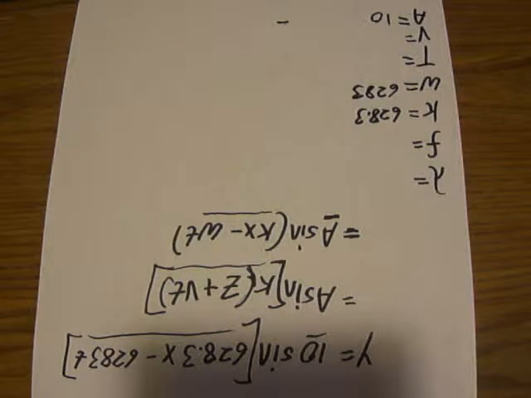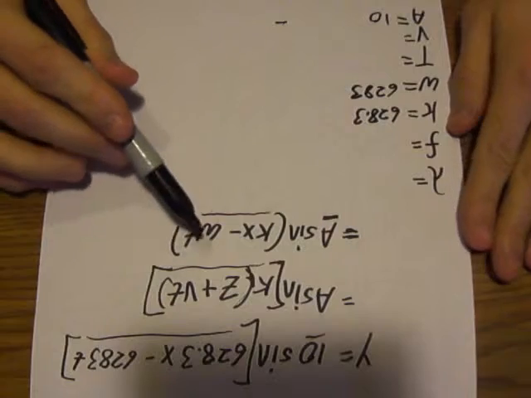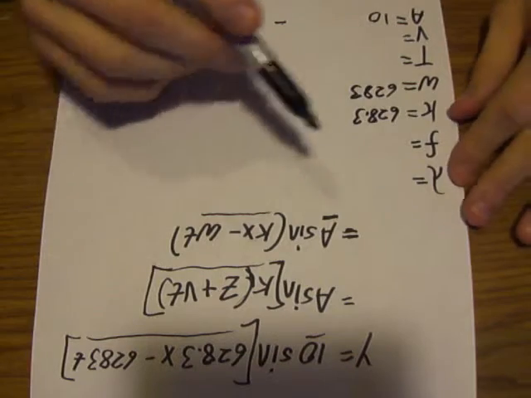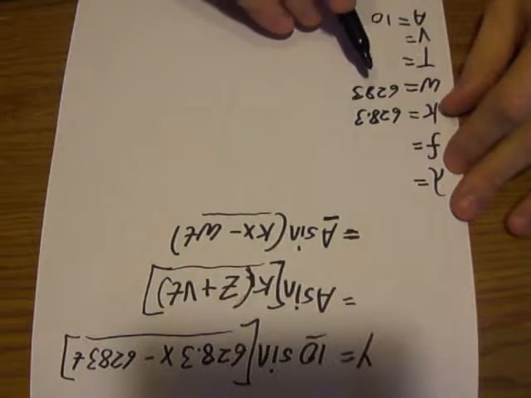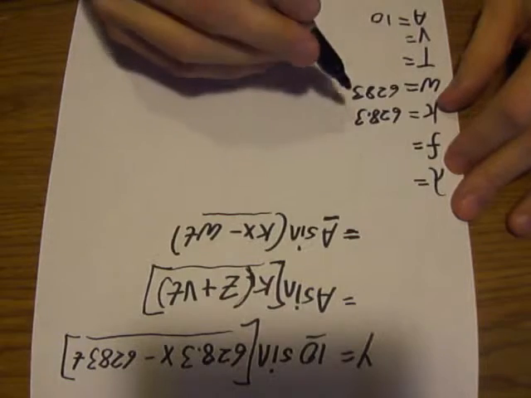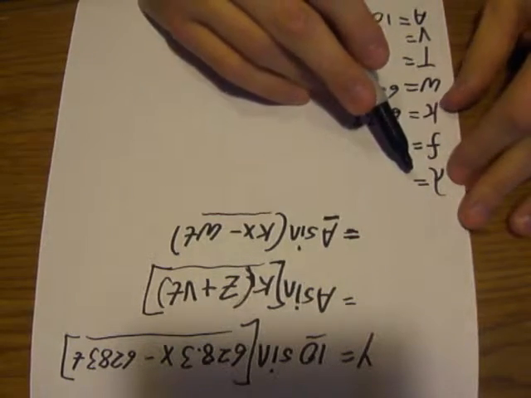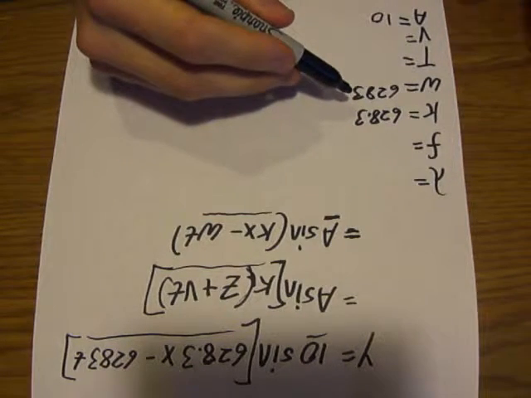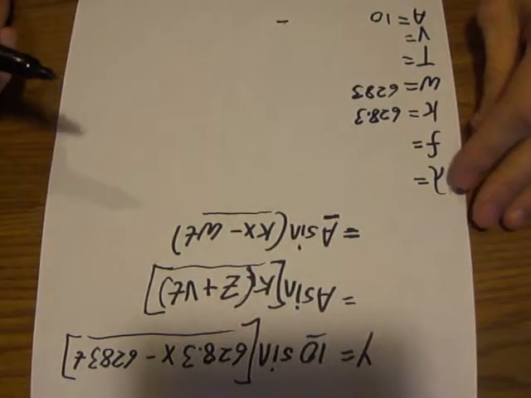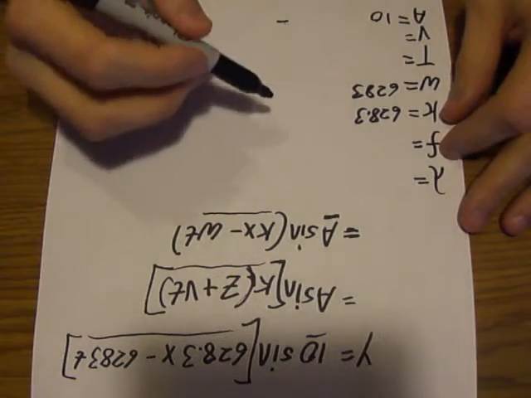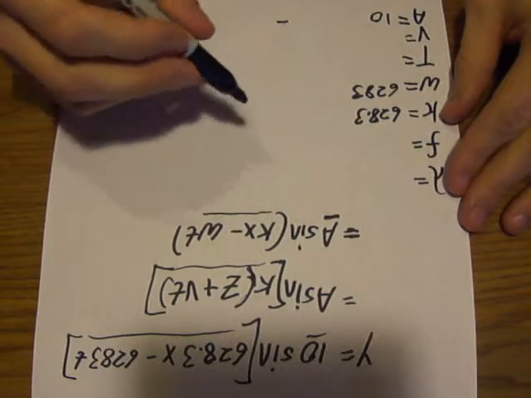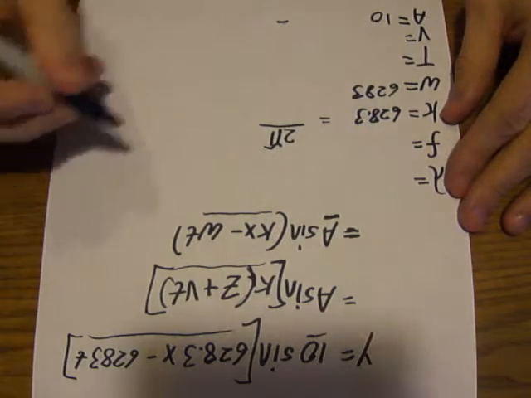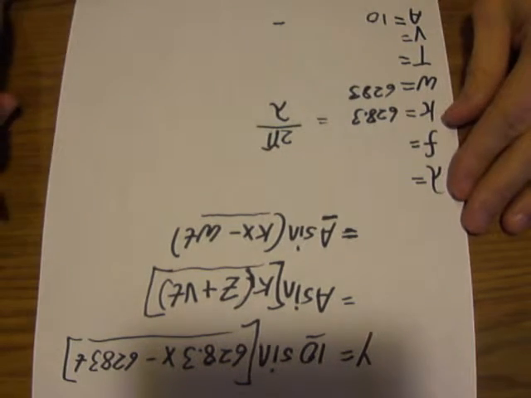Okay, so the rest of the values will take a little bit of manipulation to solve for. The first step, I'd like to find the wavelength. Using the wave number, we can deduce what the wavelength is. The wave number is just the number of waves per unit distance. One way we can write it is 2 pi over the wavelength.